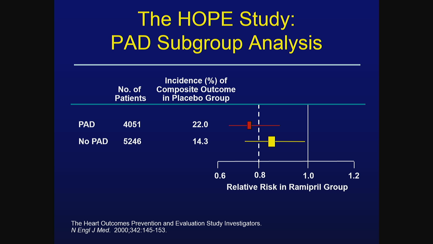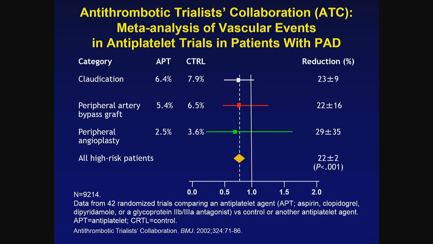And this trial from 18 years ago clearly stated that ACE inhibitors are beneficial in patients with peripheral artery disease and effective in reducing the composite outcome of cardiovascular events and death. And this has led to the acceptance that ACE inhibitors are oftentimes the preferred agents used for blood pressure lowering in patients with peripheral artery disease.